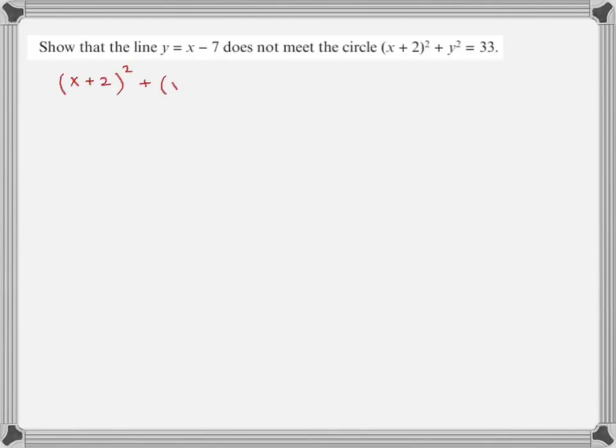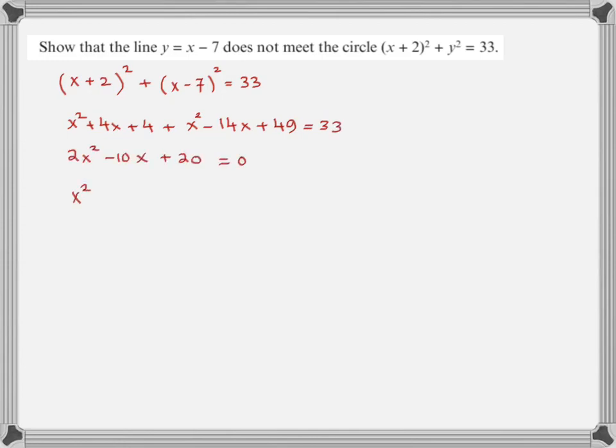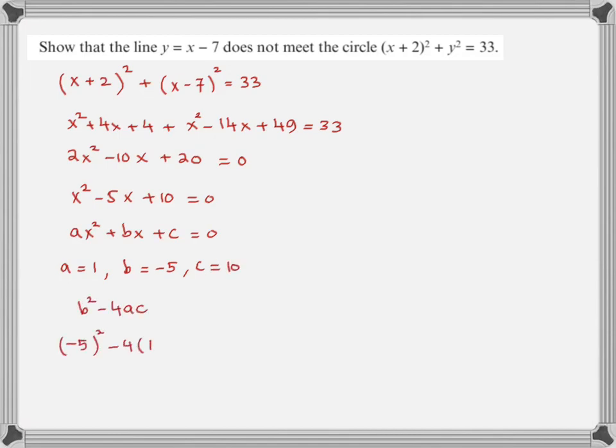Another question. Show that the line does not meet the curve, does not meet the circle. What do you expect would happen? You would form an equation. It would be a quadratic equation. And you would try to simplify it. It won't factorize. Now you're desperate and you would be going for the quadratic formula. The quadratic formula won't give you any answer because the discriminant is negative.